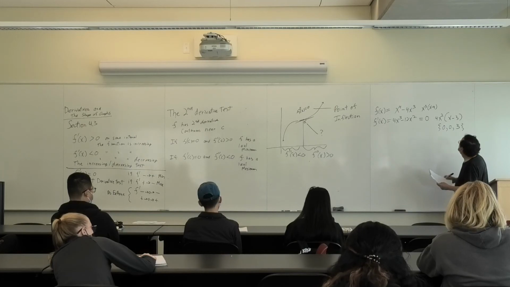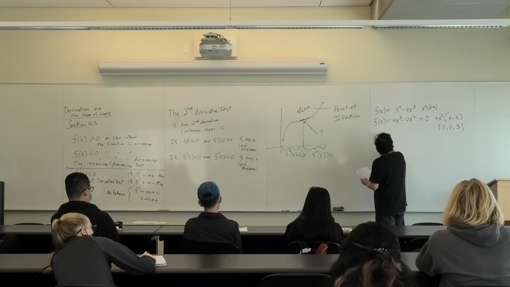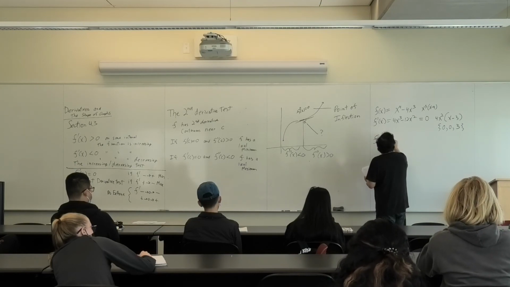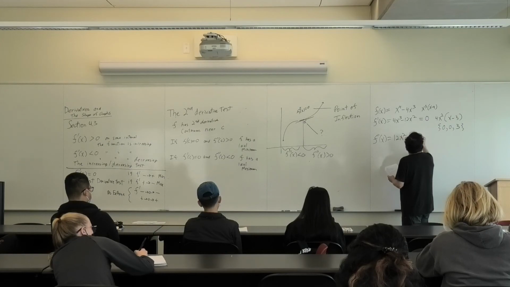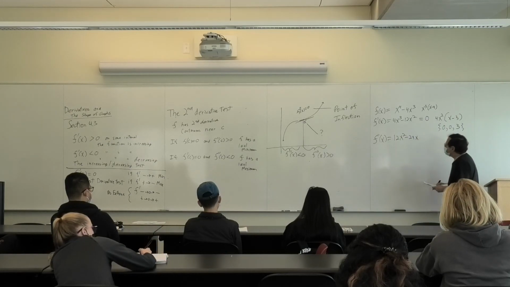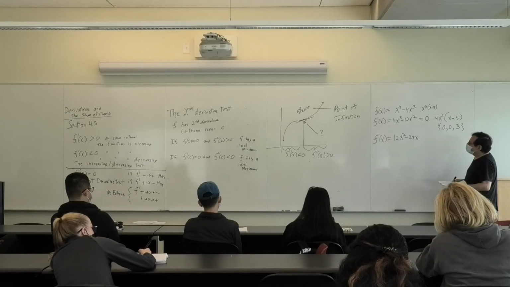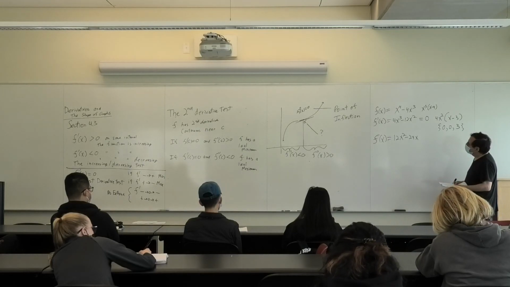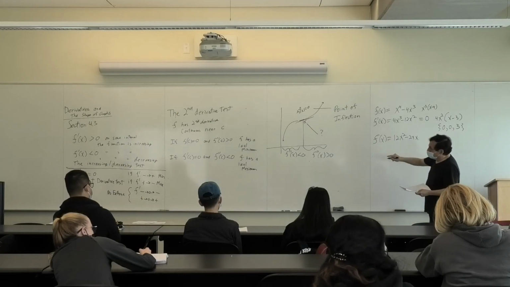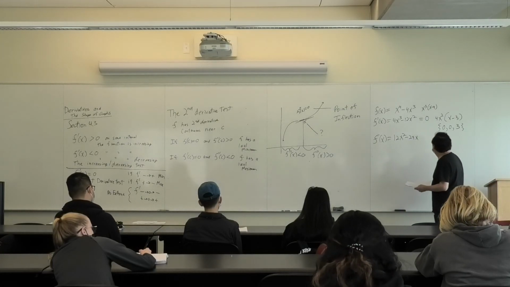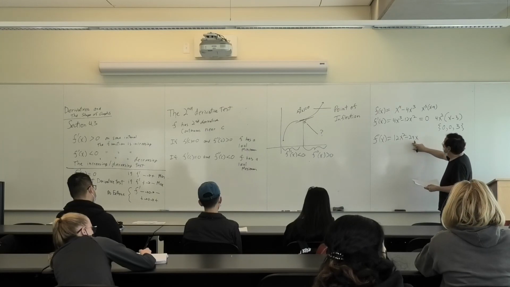And let's see, the second derivative is now going to be 12x squared minus 24x. So if I look at where the derivative is 0, I'm trying to use my second derivative test, you can see the second derivative is 0.